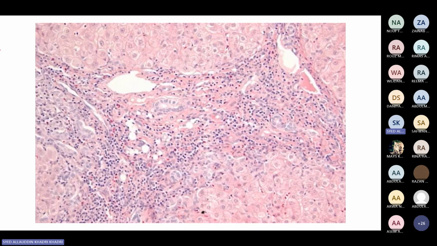You can see over here, the whole of the portal tract is affected, and even it is breaking the limiting plate. I told you about the limiting plate, breaking and going to the hepatocytes. So there is interface hepatitis, bridging necrosis will occur, and if you go down, they will have some sort of fibrosis.